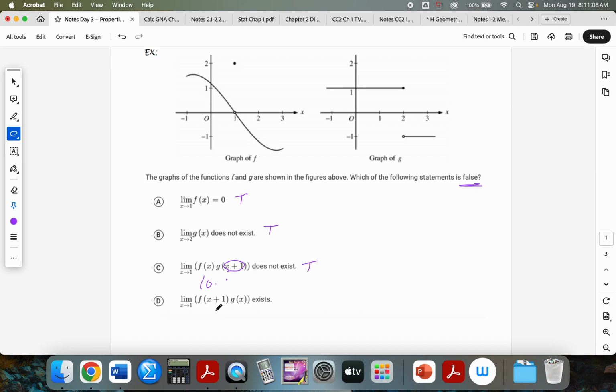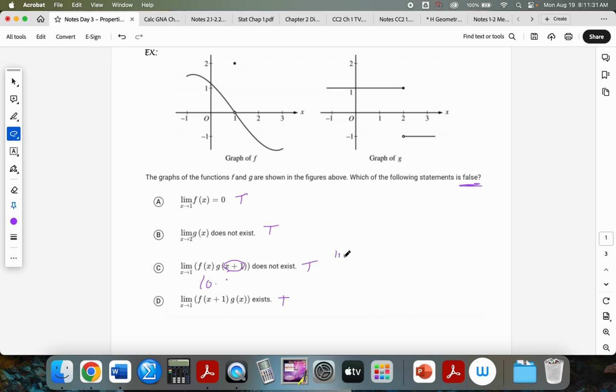Let's see. So does this exist? They're all true? Have I totally messed this up? Probably. That one's true. But let's take a look at this one. Okay? All right.